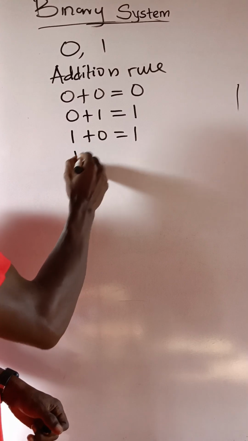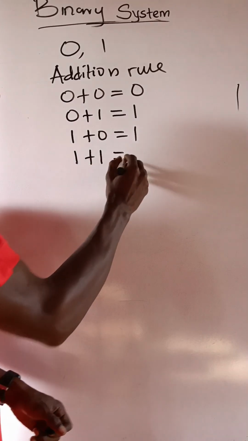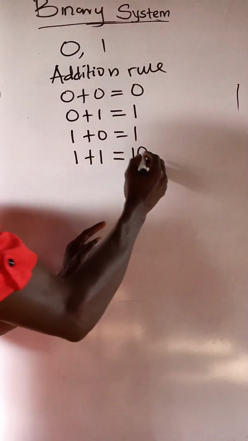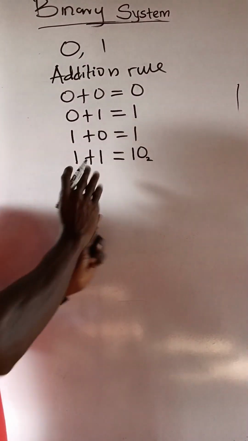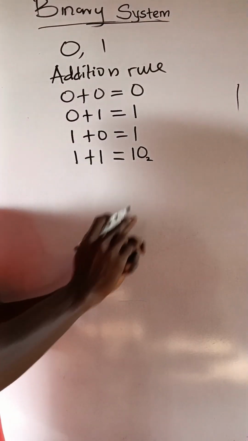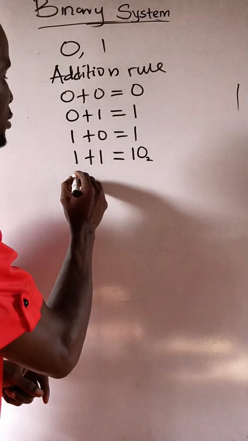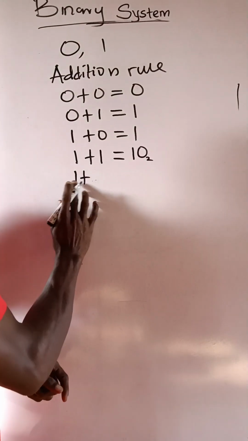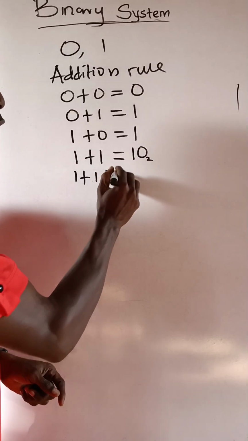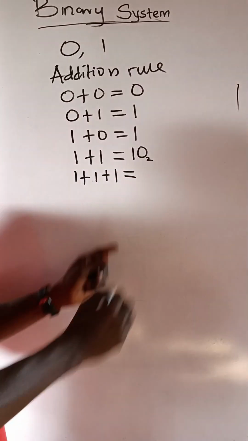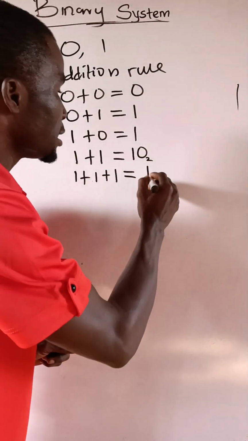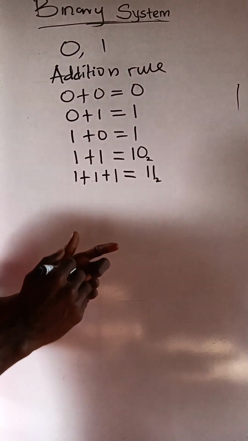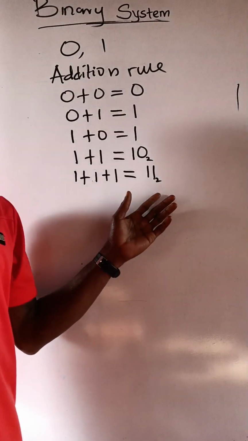And 1 plus 1 in binary is equals to 10, or you can put your base 2 here. That is 10 base 2. And 1 plus 1 plus 1 in binary is 11 base 2.